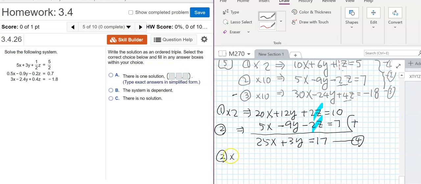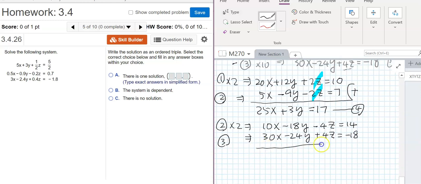So 2 times 2 is 10x minus 18y minus 4z equal 14. Now equation 3, I just want to write underneath: 30x minus 24y plus 4z equal to negative 8.